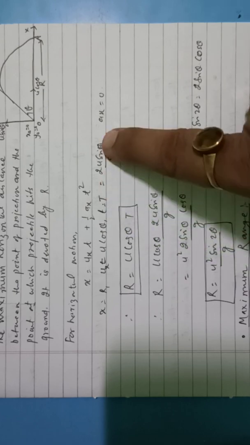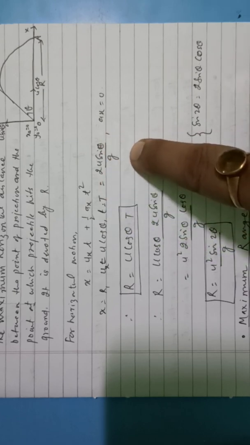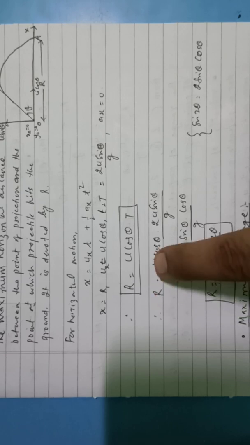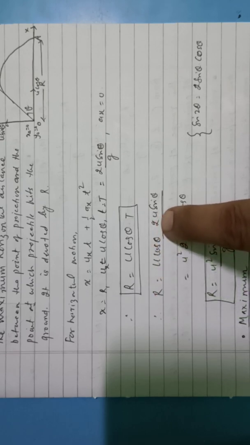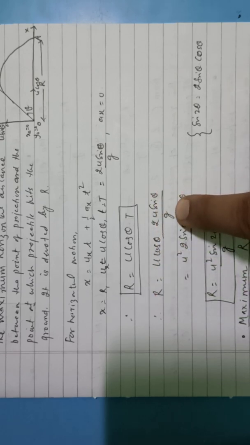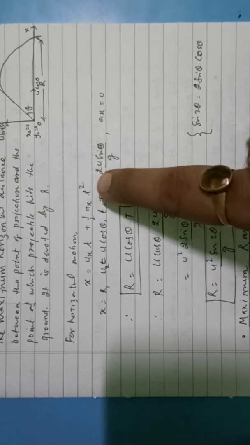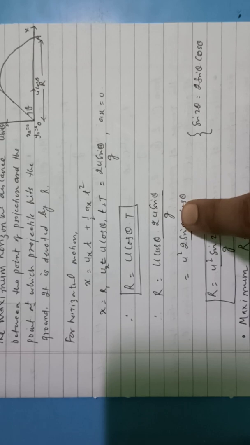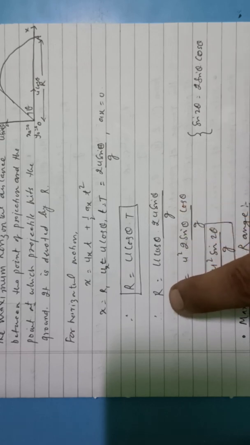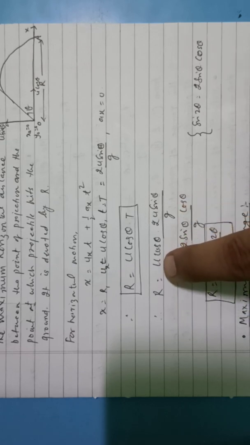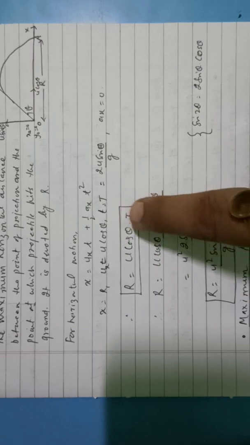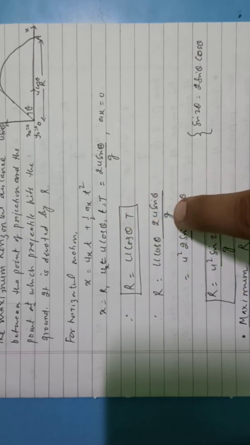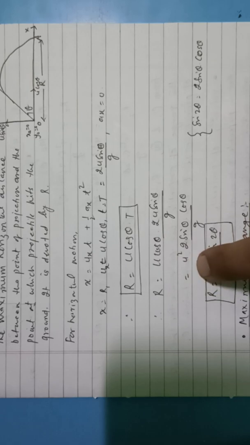Now we know time of flight T is equal to 2u sin theta by g. Therefore, R is equal to u cos theta into 2u sin theta by g. Is it clear? We put the value t is equal to 2u sin theta by g. In place of t, we write 2u sin theta by g. u square, first of all we write 2.